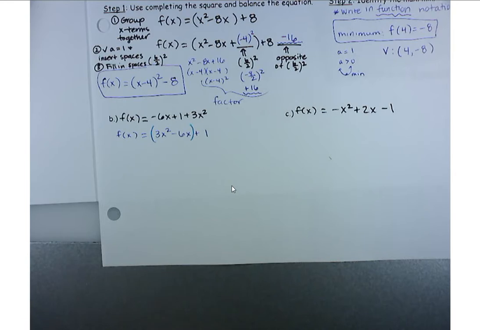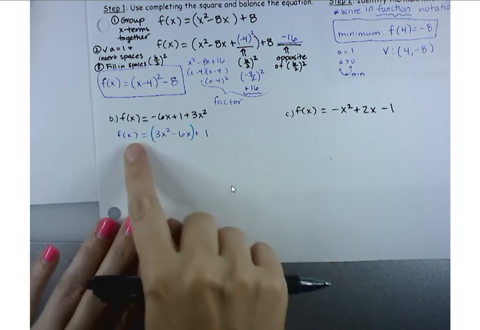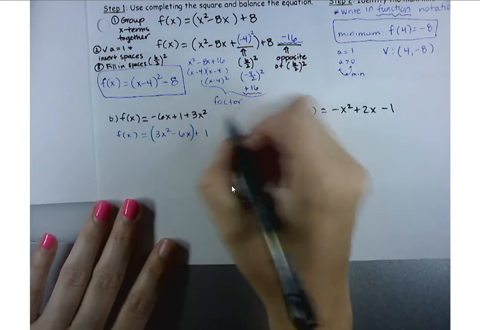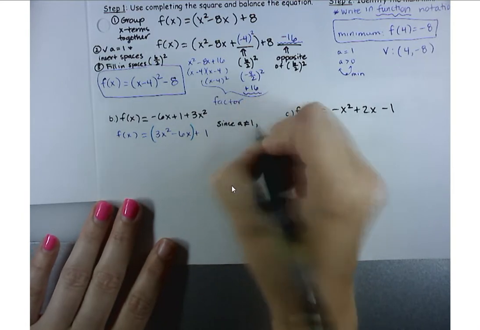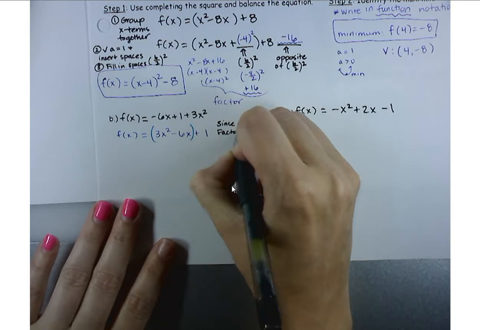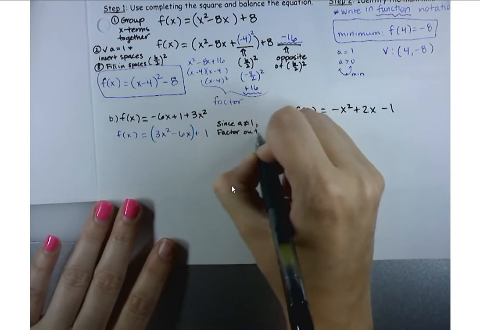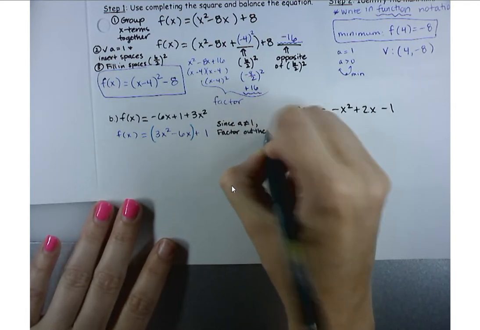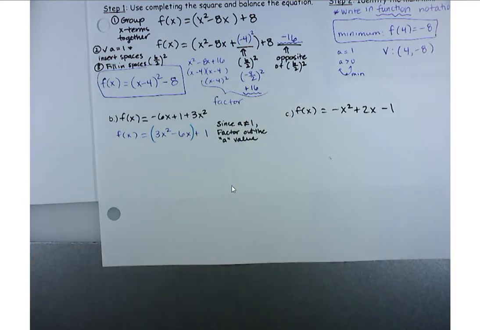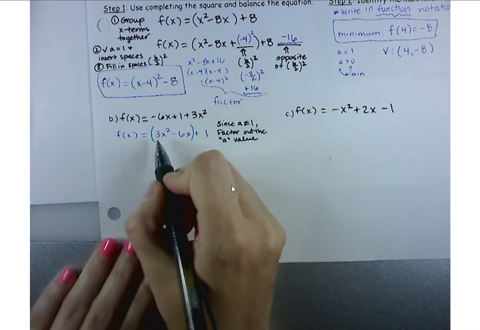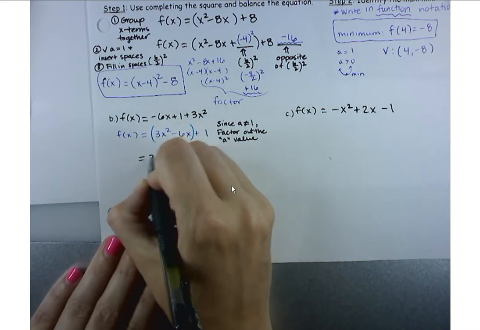So if you do not have a equals 1, you are going to factor out the a value. It doesn't necessarily have to be the GCF, but it does have to be the a value so that you have 1 in the place of a. So my a value for this is 3, so I'm going to factor out 3.